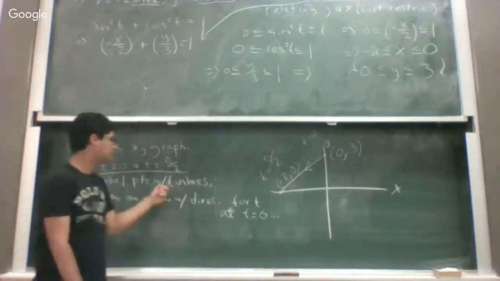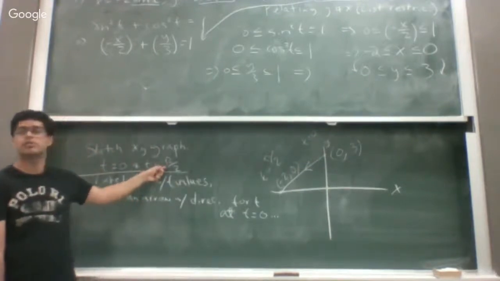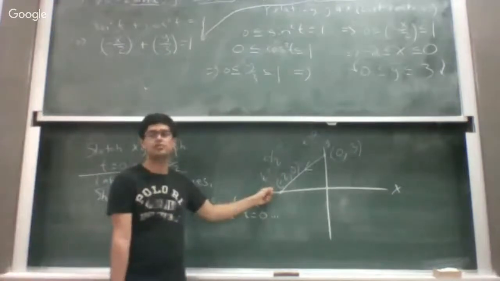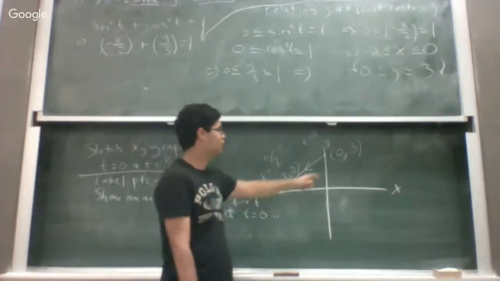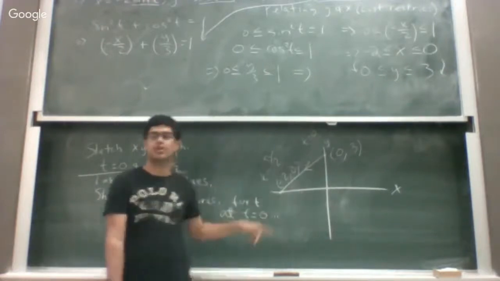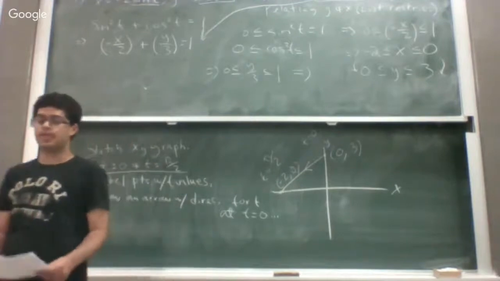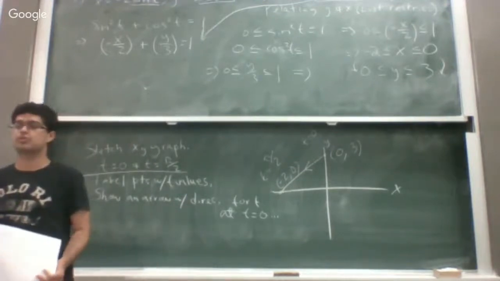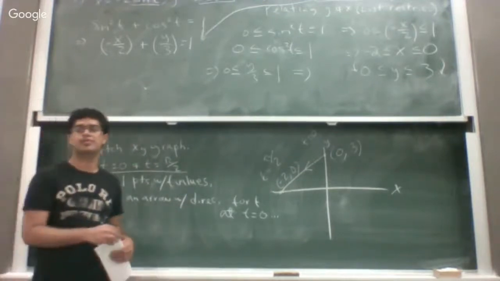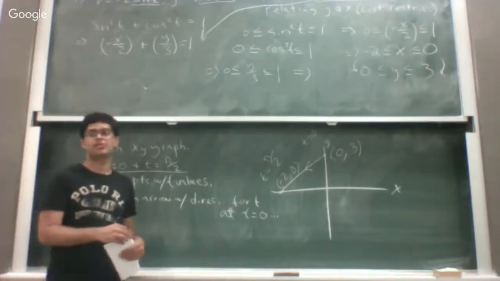They tell you the second point is when t equal to pi over 2. You plug those in, you get negative 2, comma 0. So going from time equal to 0 to time equal to pi over 2 is this direction, connecting the 2 points. Did that make sense? If it didn't, I can actually write it out.